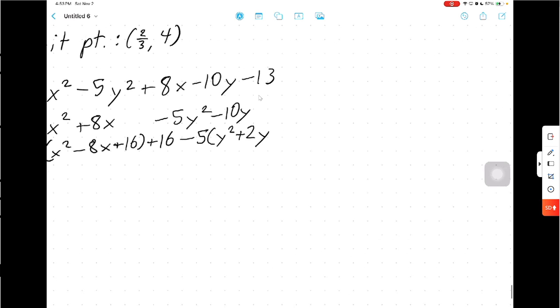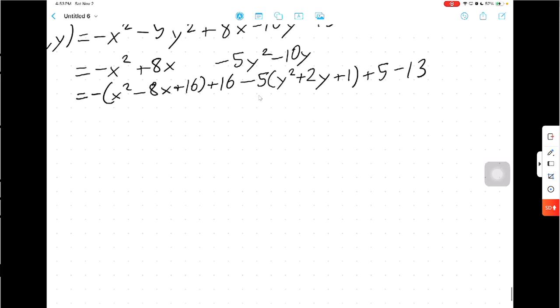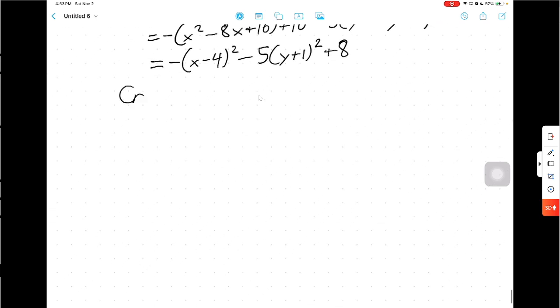And then for this one, we're going to have negative 5 times y squared plus 2y, and then we're going to add 1. This is the same thing as subtracting a 5 here, so we're going to add a 5 back. So this is negative (x minus 4) squared minus 5 times (y plus 1) squared plus 21 minus 13, which is going to be plus 8. So therefore, your critical point is just going to be 4, negative 1.